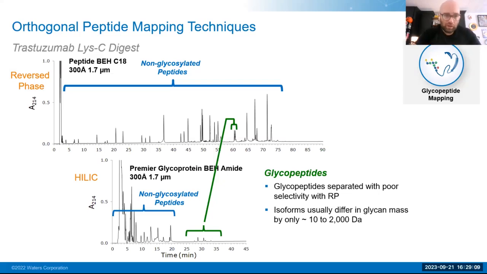But if we were to leverage HILIC, this is where we begin to see much more discrete separations, even more than the middle up approach. And this is, again, due to the glycans driving the majority of the separation. So we're seeing significant separation and retention of these glycopeptides that allow for much better detection capabilities, as well as glycosylation pattern determination.